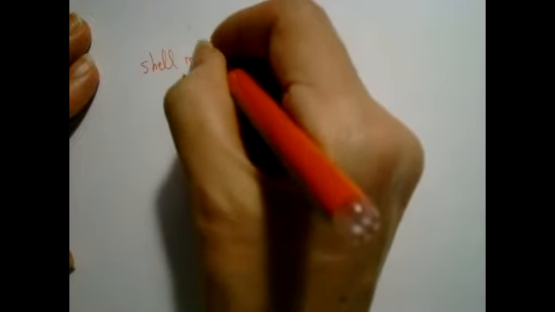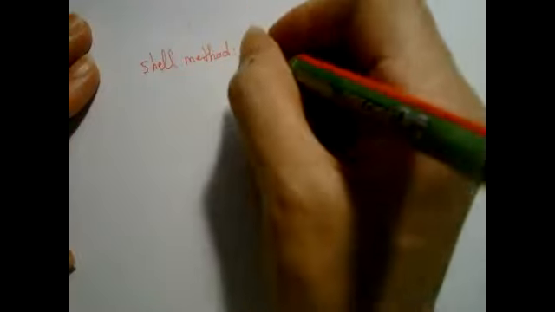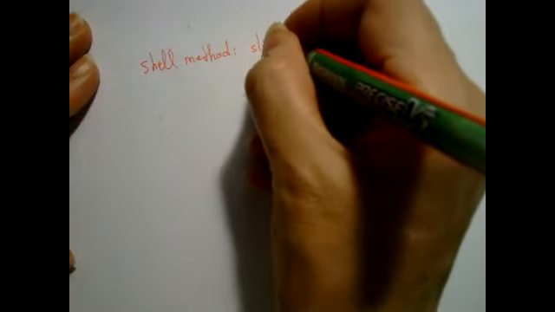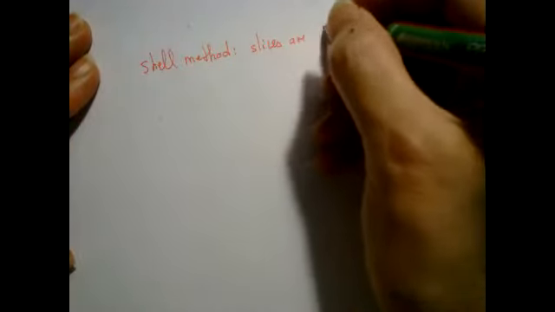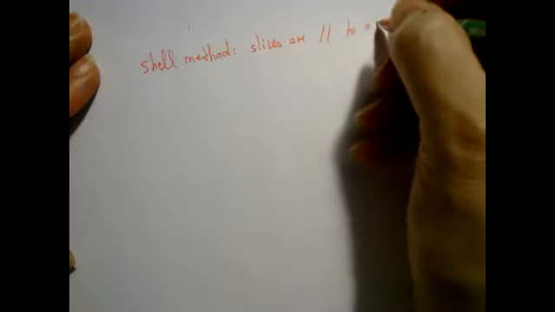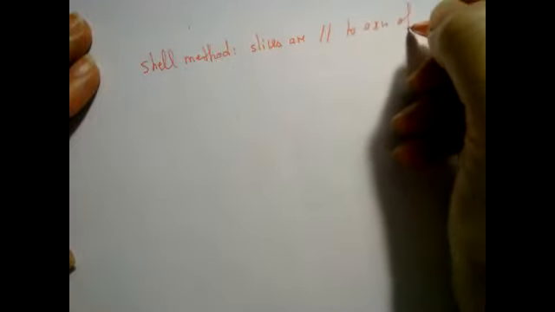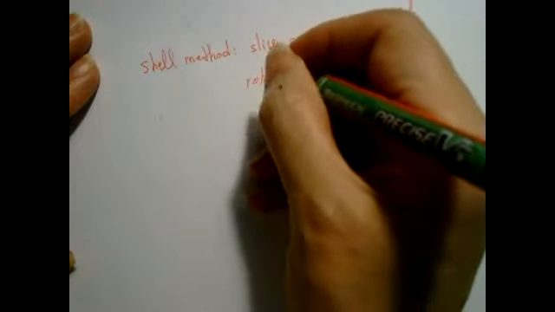So now, as a sum up between washer and shell, to help you focus a little bit. In the shell method, the slices are always parallel to the axis of rotation. This is when they generate a shell.